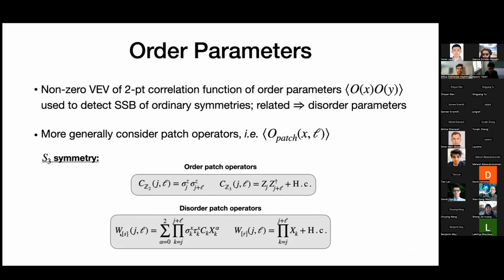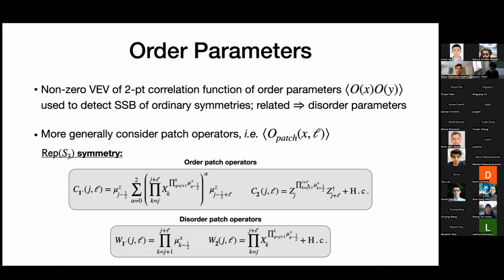They're labeled by conjugacy classes, so we sum over the different generators within a particular conjugacy class. Same for the order 3 ones. And you can do the gauging map that we did earlier to get the Rep S3 patch operators.